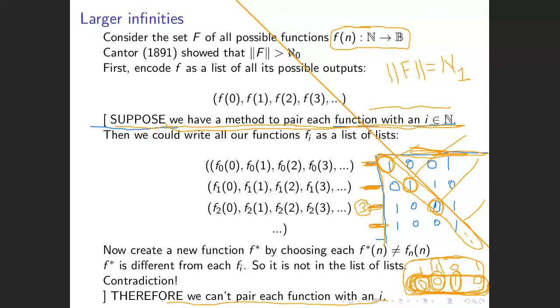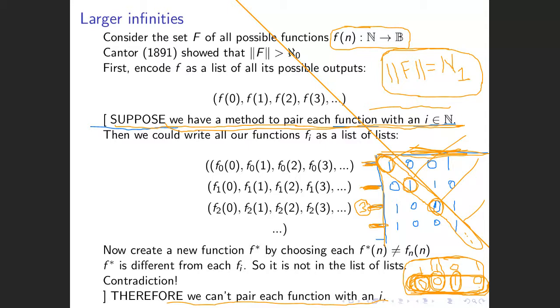And for a very long time in the 20th century, there was this question of, can you find a number that is bigger than alpha 0, but smaller than this purported alpha 1? And the answer to that question is very complicated indeed. So I'm not even going to go into it here. But the point is that the cardinality of these functions is bigger than the cardinality of the natural numbers.